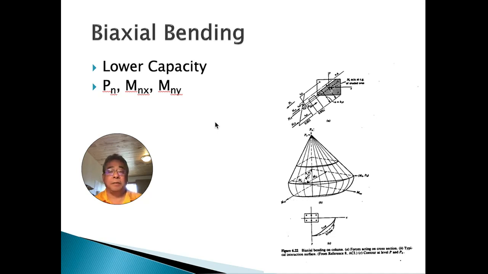And the three axes are axial force, moment about the x-axis, moment about the y-axis, and then you get a surface, and any combination of those three that lands on the surface will cause failure.